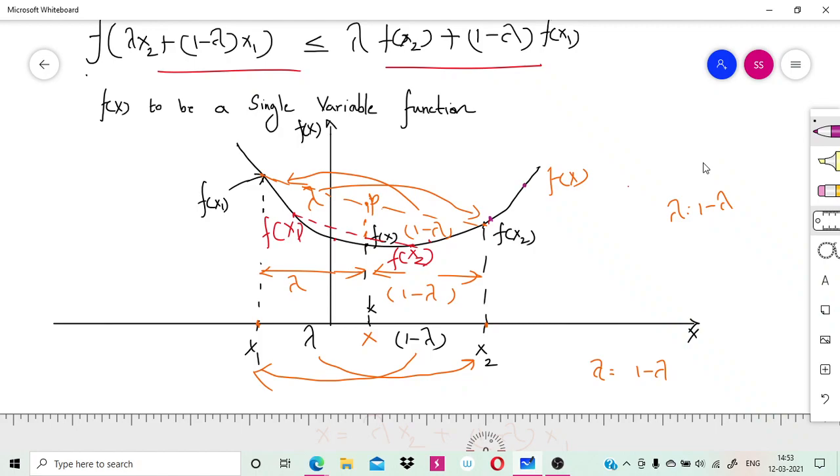Let us say this is my f of x1 and f of x2, and I am joining the 2 points by a line segment. This line segment approximately coincides with f of x itself. In that case also you can conclude that the function f of x is a convex function.